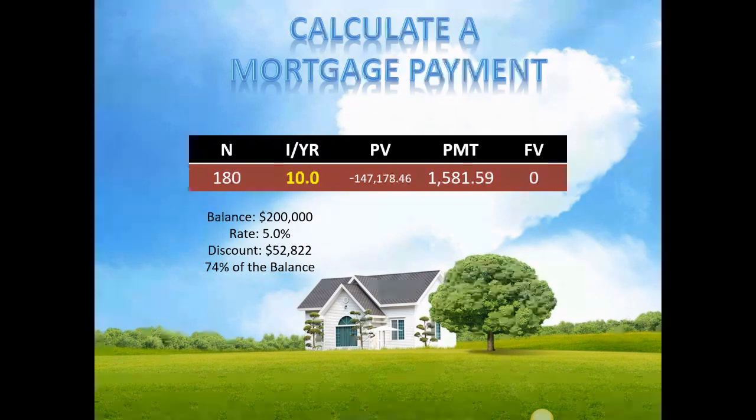That's called discounting. Discounting is a fantastic tool that we have in the note space. And think about this. How much do these people owe me? That's right. They owe me $200,000.